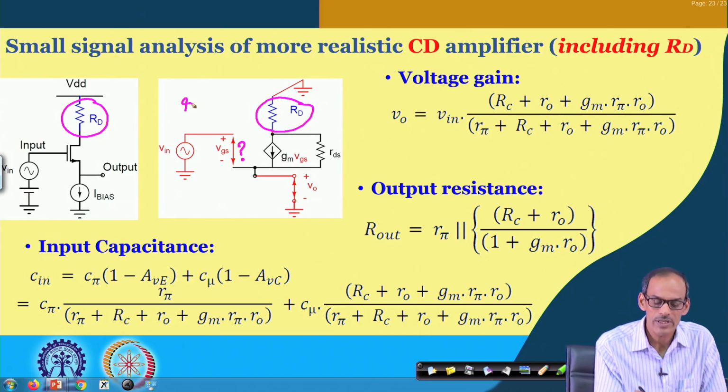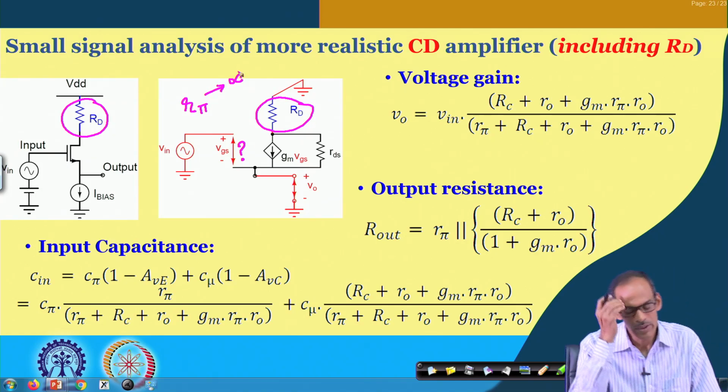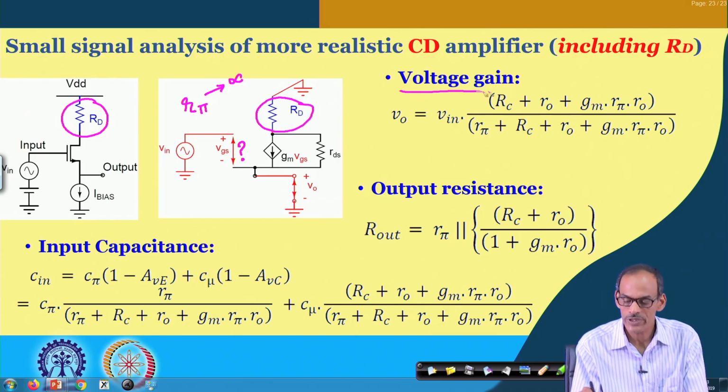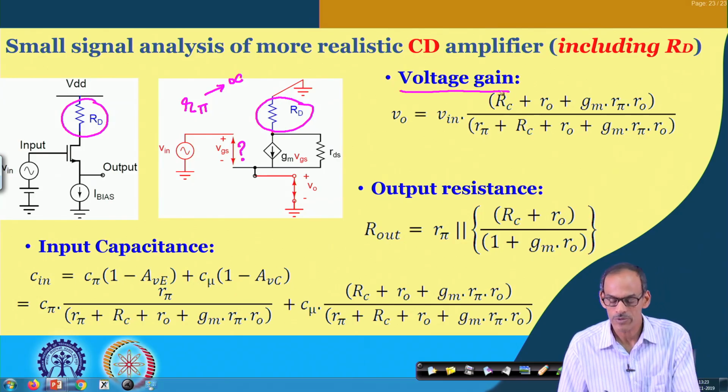So, rather if I say that whatever the previous analysis we have done, if I consider the R pi in those equations to be approximately very high, then we can get the equation for the common drain.